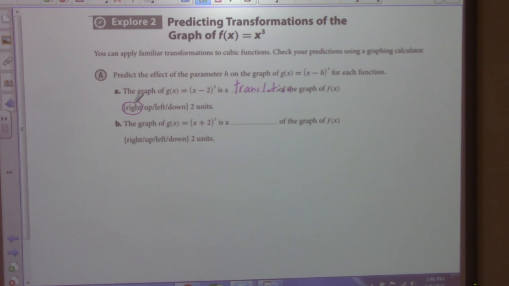Right. You knew that, right? And the graph of g of x equals x plus 2 cubed is also a translation of the graph right, up, left, down. That's going to be left, right?